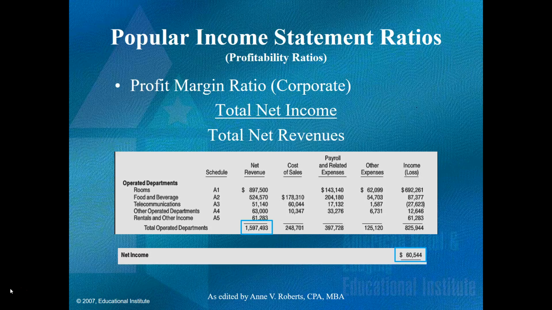So now we're going to take our net revenues up here for our total operating departments, and we're going to divide that into the net income from the very bottom of the income statement. Okay? So this is the number from that income statement all the way at the bottom. So again, same ratio, profit margin ratio, applied 6 different ways.